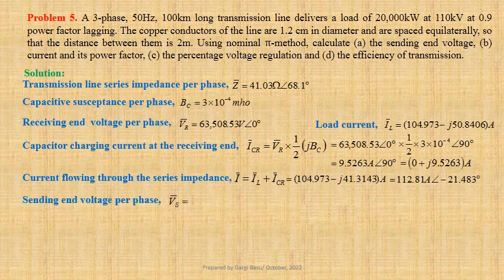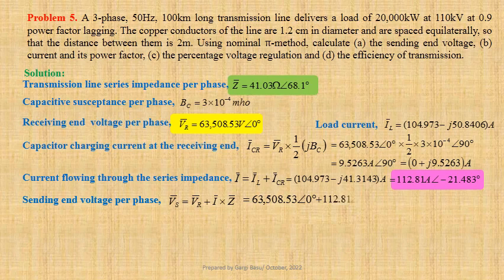Now we shall calculate sending end voltage per phase. Vs equals Vr plus I into Z. Using values we get 63,508.53 at an angle 0 degree plus 112.81 at an angle minus 21.483 degree into 41.03 at an angle 68.1 degree.